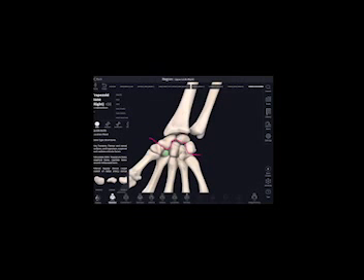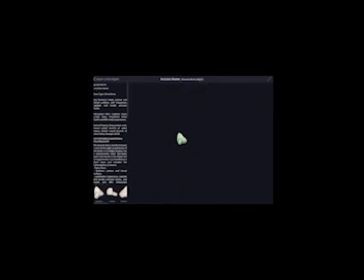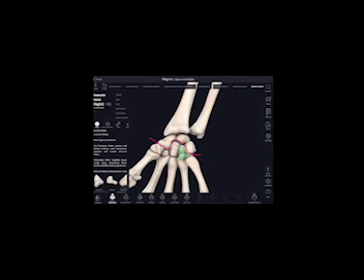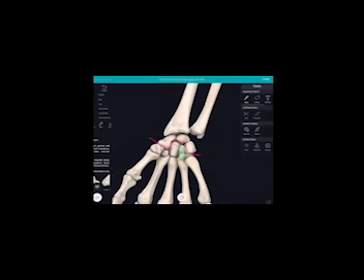You just have to memorize them. And then we have the capitate. And lastly, the hamate. The shape of the hamate is very unique. If I rotate it, it has a little handle or knob sticking upward. That particular area is called the hook of the hamate.